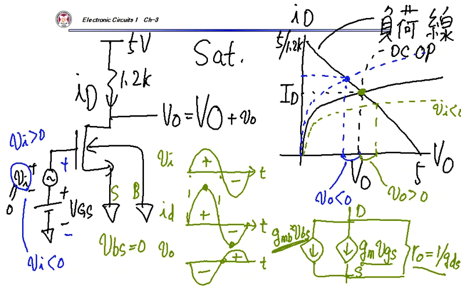Question. Yeah, my small signal equivalent circuit is linear. So this ID will be symmetrical. VO will also be symmetrical because in a small signal circuit, it is linear.